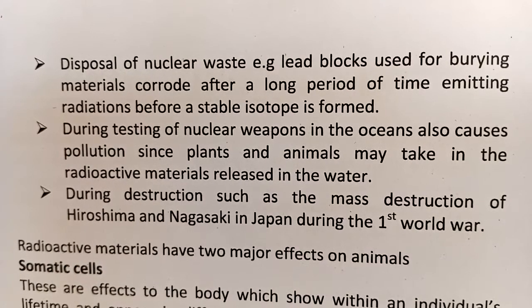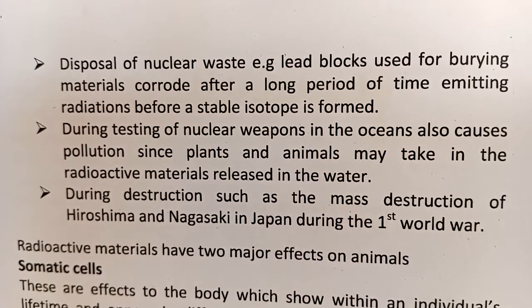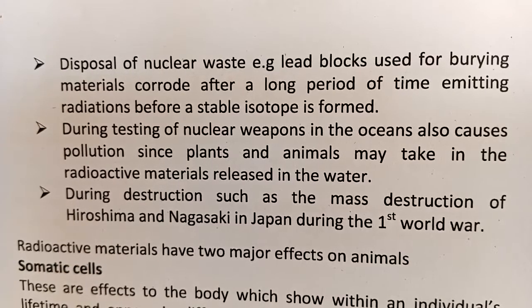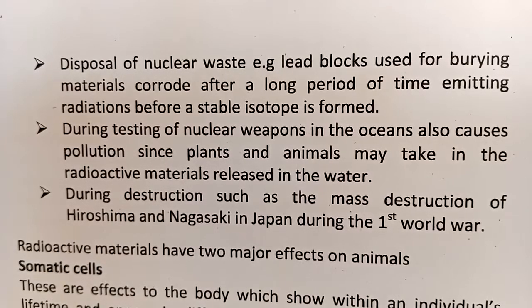For example, the lead blocks used for burying materials corrode after a long period of time, emitting radiations before a stable isotope is formed. Also, testing of nuclear weapons in oceans causes pollution, since plants and animals may take in radioactive materials in the water.